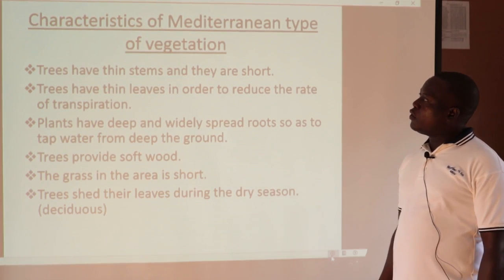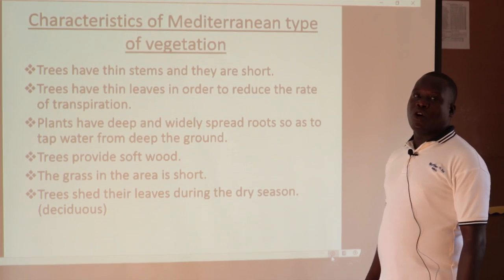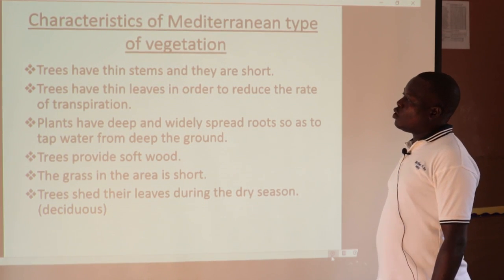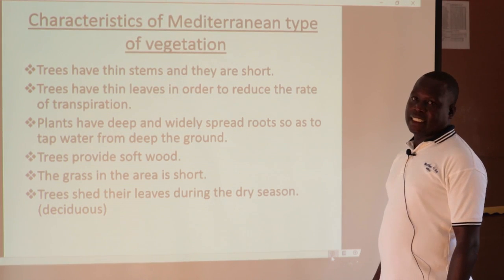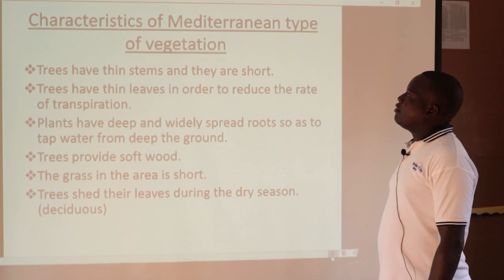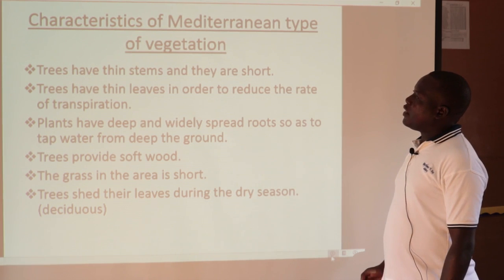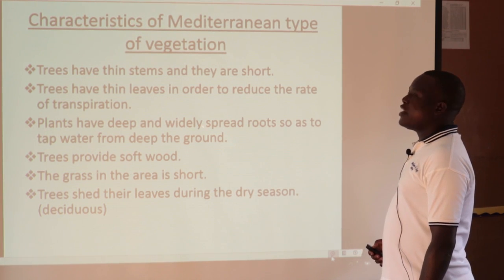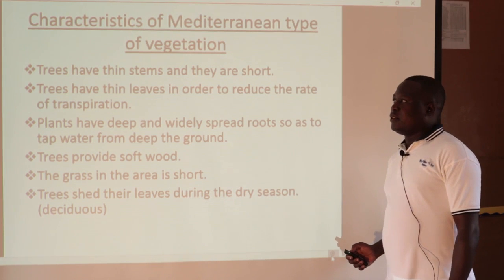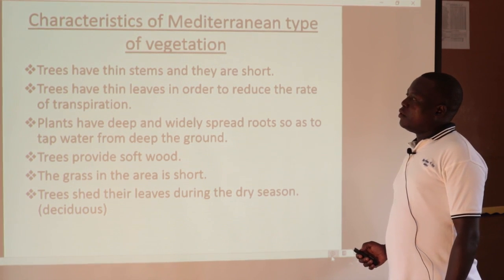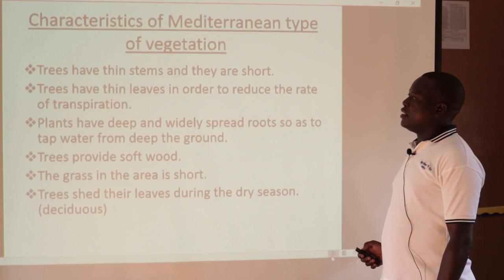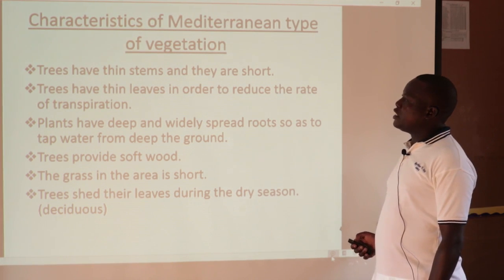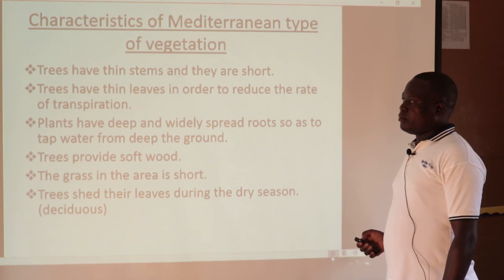And maybe before we go to looking at all the vegetation that we have just described, I would like us to look at the characteristics of Mediterranean vegetation. The first, we have the trees have thin stems and they are short. We shall look at it later. We also have trees have thin leaves, in order to reduce the rate of transpiration.